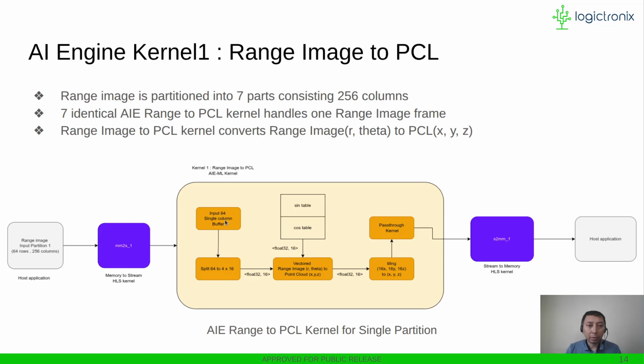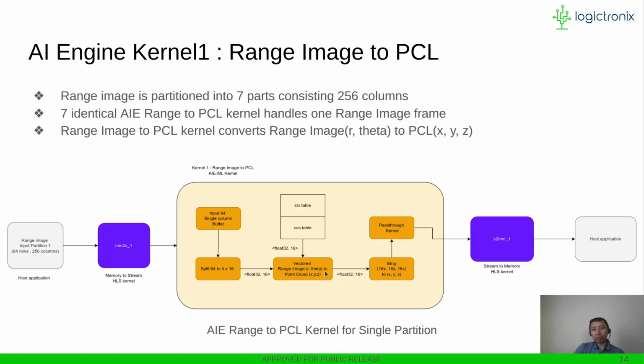And here, the first step is loading the 64-channel column data of the range image into the AI engine kernel, and for processing the vector data in 16 vector count, the 64 channel data is further divided into 16 channels, and this 16 channel data is passed to our next step, where we do the vectorized computation for range image to point cloud conversion.